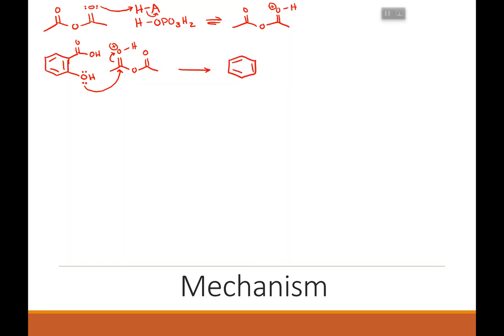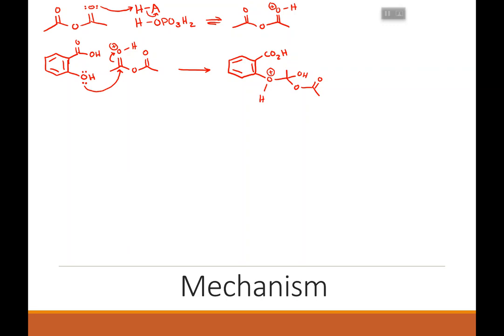Now to simplify drawing this out, I'm going to draw CO2H here instead, rather than redrawing the carboxylic acid portion each time. And this portion down here has become a little bit more tricky to draw, as we have this acetic anhydride portion which was added, and now we have this protonated oxygen here.